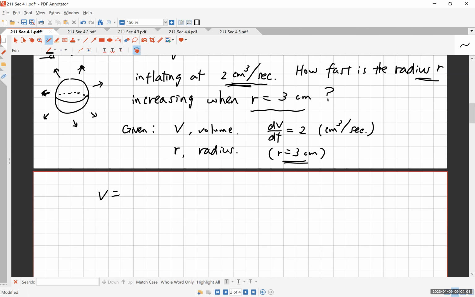At this point, you may have to review some of your formulas from geometry. The volume of the sphere happens to be 4/3 pi r cubed. I try to make you aware of these, and if you don't know these equations, and some of you may not, depending on your background, I will tell you what these things are.